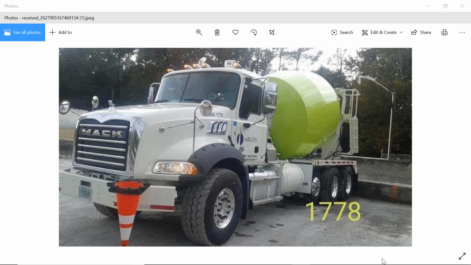Total moisture content in percent minus the absorption in percent is equal to your free moisture in percent. Example 3. The total moisture content is determined to be 6.53% for a stockpile of coarse aggregate. This same aggregate has an absorption of 2.5%. What is the free moisture?